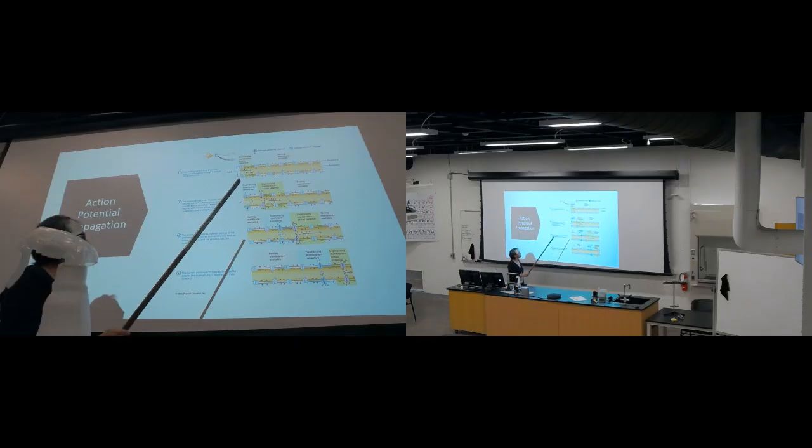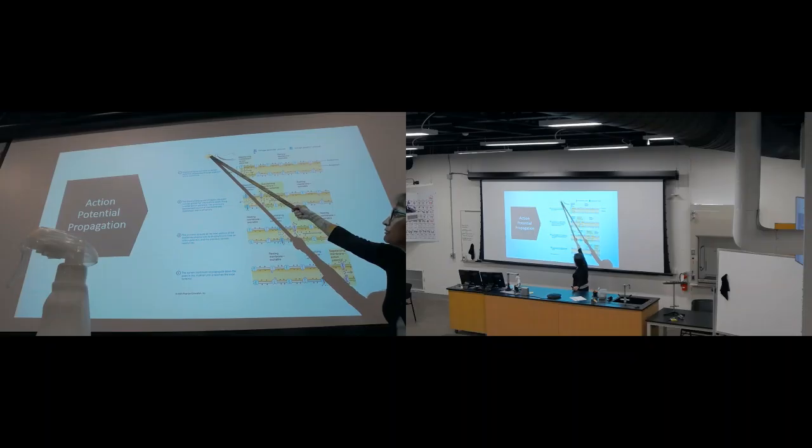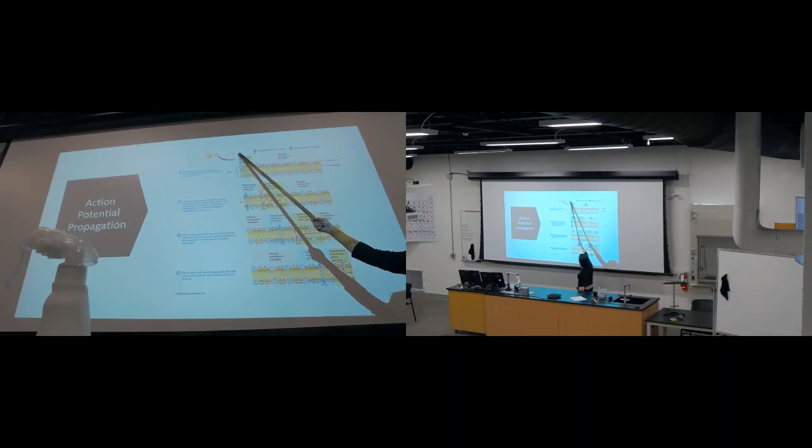So here we have an example of what happens internally. You start opening your sodium channels here, and you depolarize this part of the axoplasm, which is proximal, so it will be closer to the body. And then you move these ions inside following the law of opposites attract. So positive will be attracted to negative, and that will lead to the propagation in a forward direction from the body into the terminals.